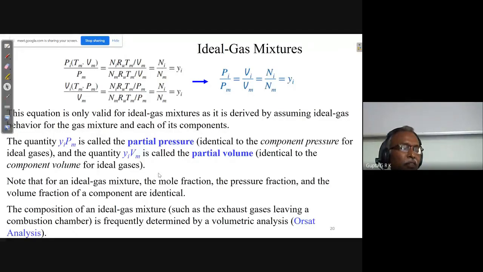So we do what is called a volumetric analysis, using the Orsat apparatus, and we get the volumetric analysis. That is how much is CO2, how much is NOx, and how much is unburnt hydrocarbons. All those things we get on a volume basis.